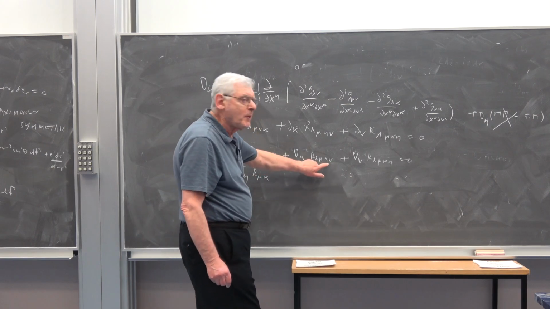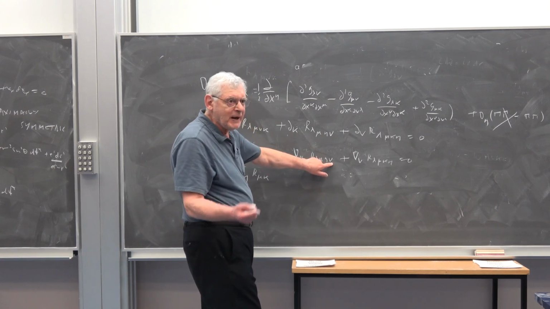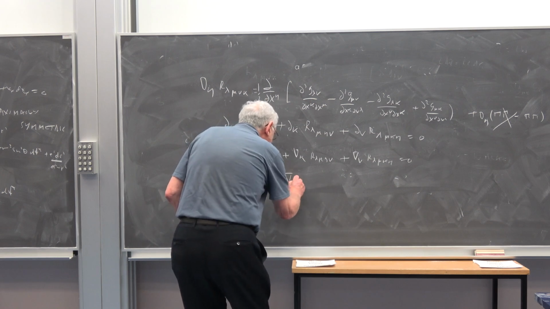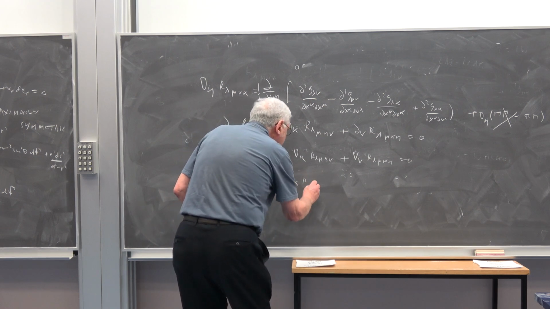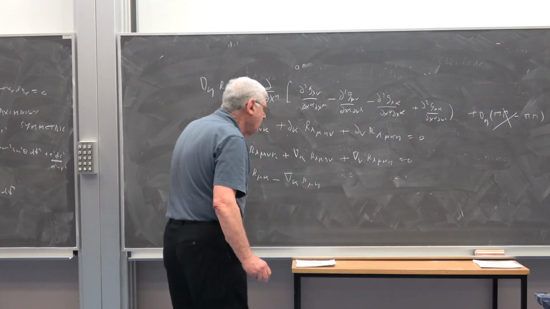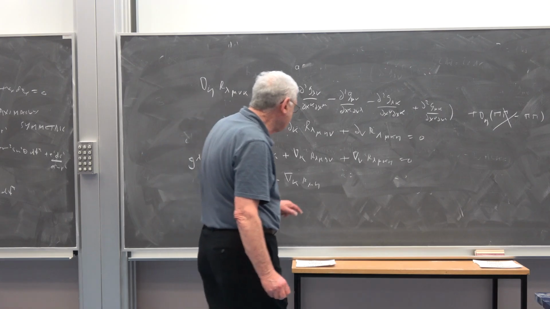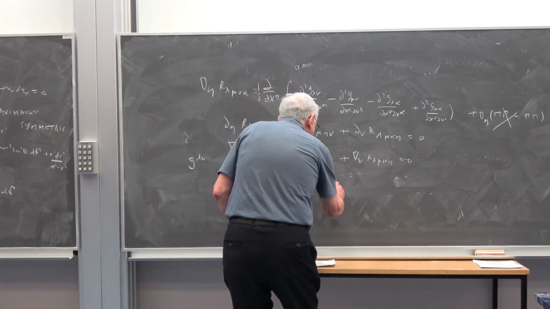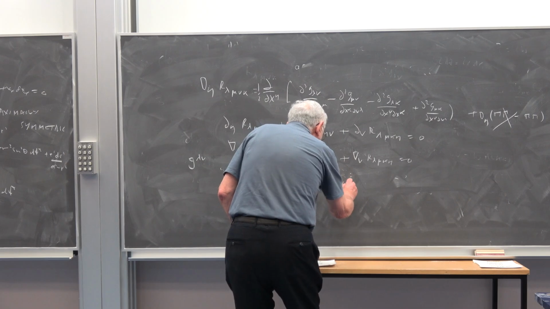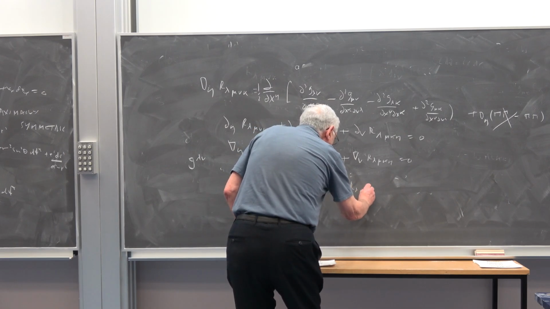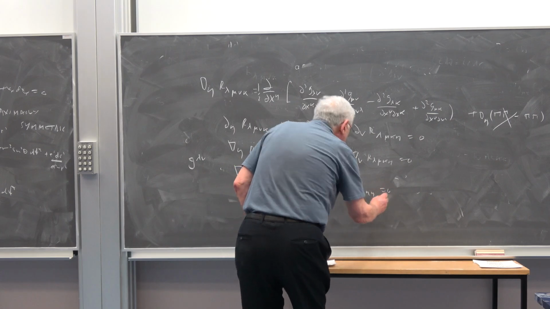So I have to swap over the eta and the nu, but they were antisymmetric, so that becomes minus grad kappa R mu eta. And then the last one, this one I can't do anything with yet, plus grad nu R lambda mu kappa eta equals 0.